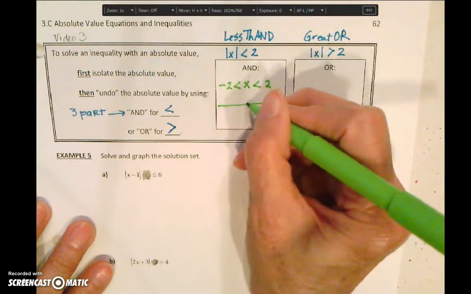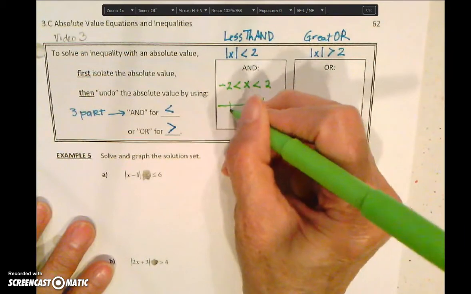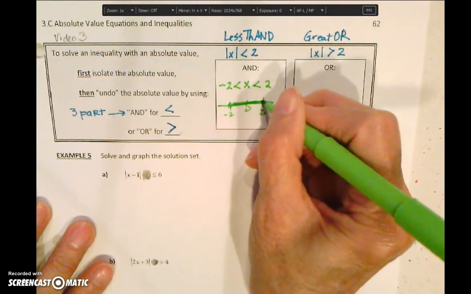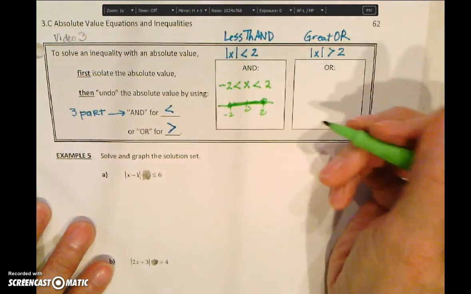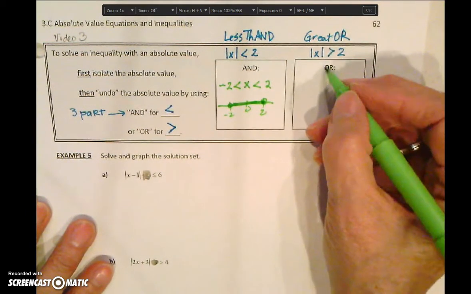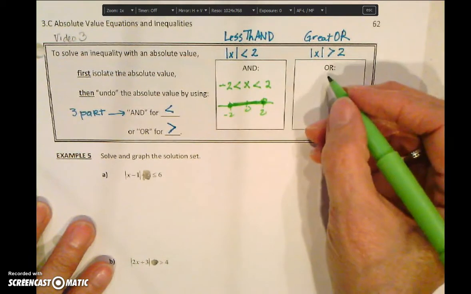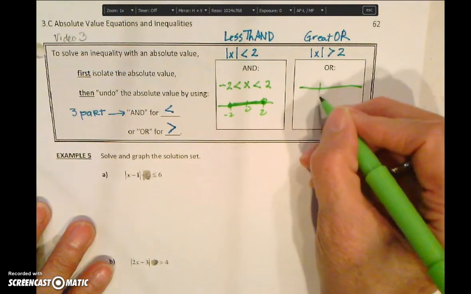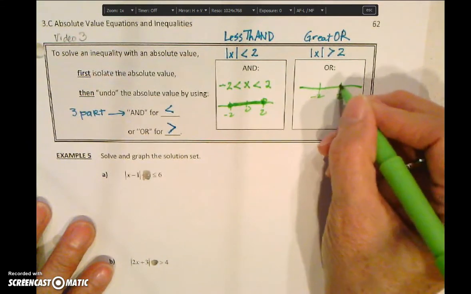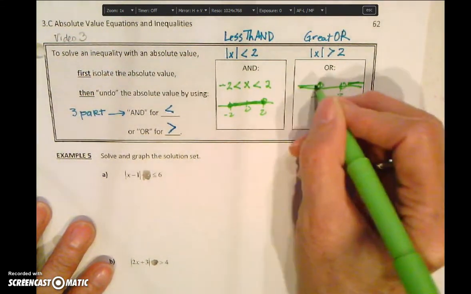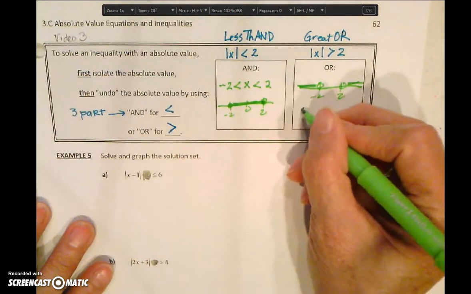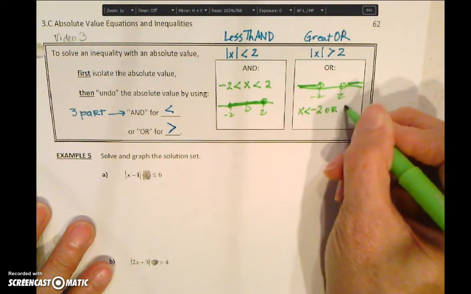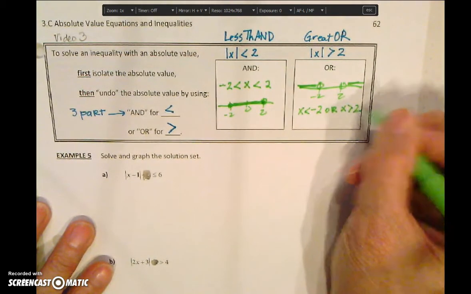And on a number line, there's my 0, there's my 2, my negative 2. It's going to look like this here. If it's a greater, then the graph is going to look like negative 2 to this direction, and this direction. So I have x is less than negative 2 or x is greater than positive 2.